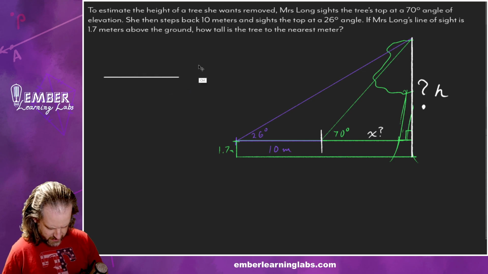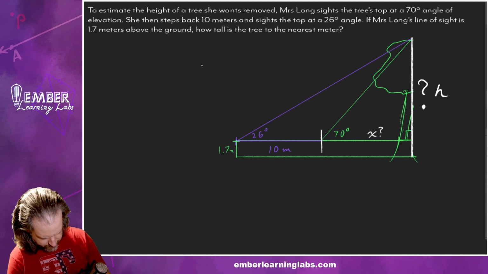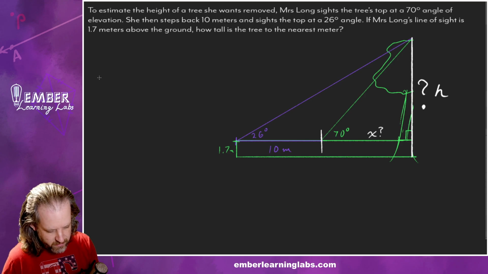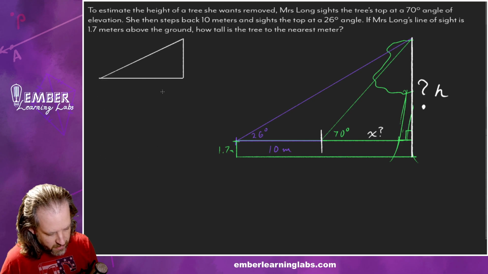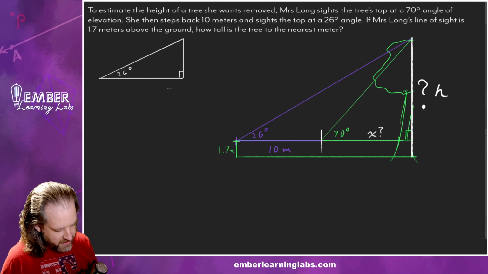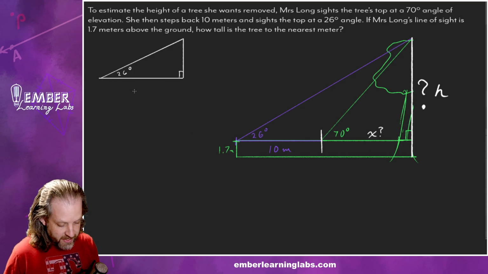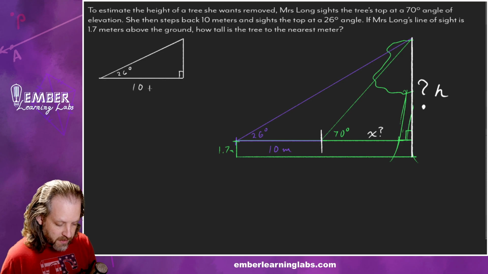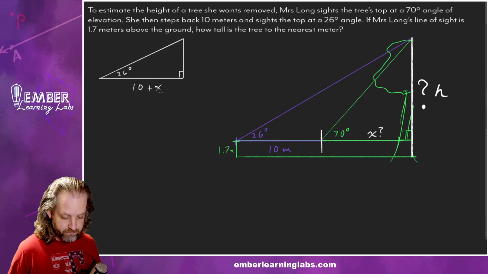I don't want that big. I want it down, wrong direction. I want it down pretty small. There we go. So this one has 26 degrees, and its distance is 10 plus x, right?